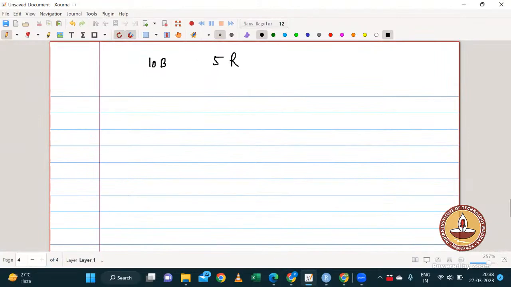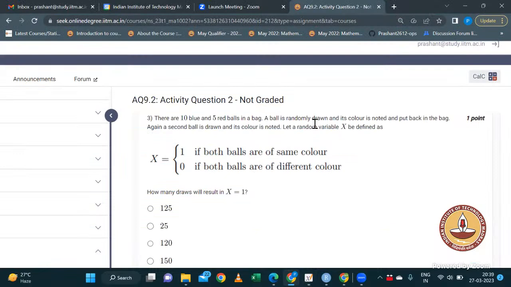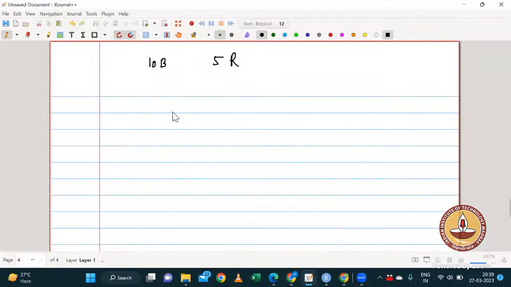A ball is randomly drawn, its color is noted, and it is put back in the bag. Again, a second ball is drawn and its color is noted. I'm defining my random variable X to take value 1 if both balls are of the same color, and 0 if they are of different colors.